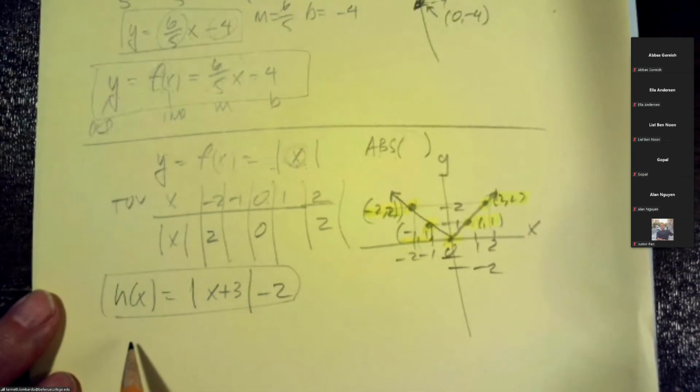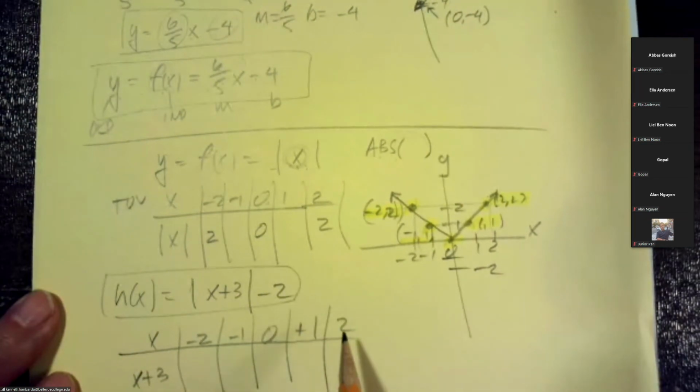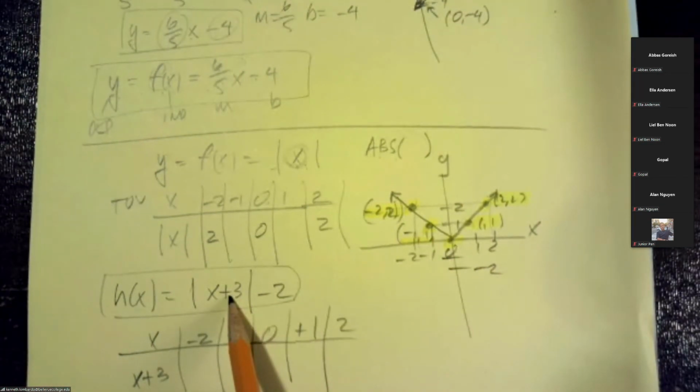Let's set up another table of values then. X and x plus 3, -2, -1, 0, 1, 2. X is 0. We get absolute value of 3, which is 3. Minus 2 is what? 1.